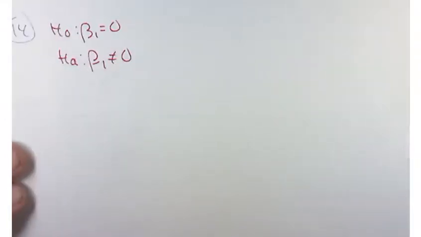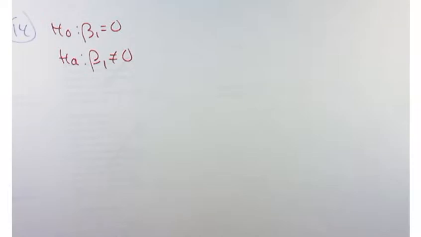So we're going to test H naught: beta 1 equals 0 versus the alternative that it's different than 0. We can test this at the 5% level because they haven't given us anything.